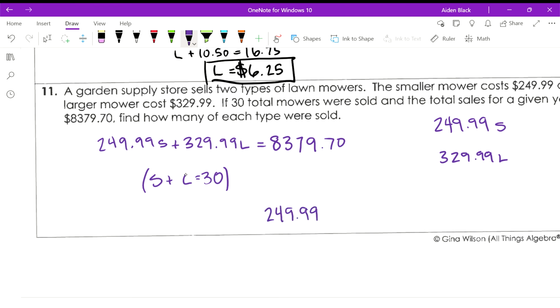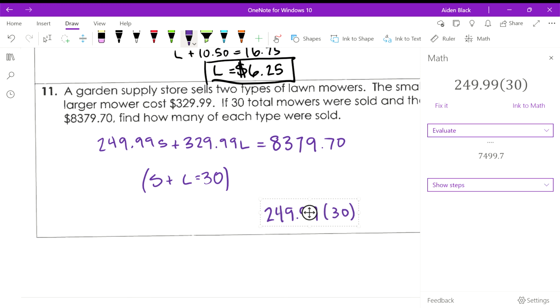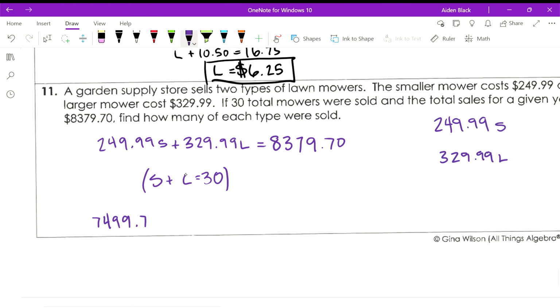I wish they just gave us whole numbers, right? $7,499.7. Okay, so 249.99 S plus 249.99 L.